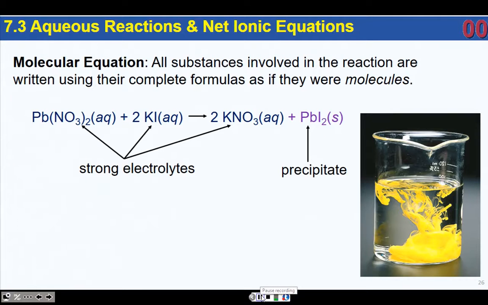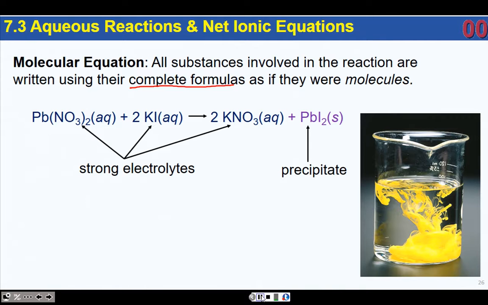All right, to talk about these net ionic equations, we have to think about the ways these are represented with chemical equations and what's the difference in how we do them. The first kind of reaction equation that we've encountered so far is what we call a molecular equation. In this format, all the substances involved in the reactions are written as though they were actually molecules with complete formulas.